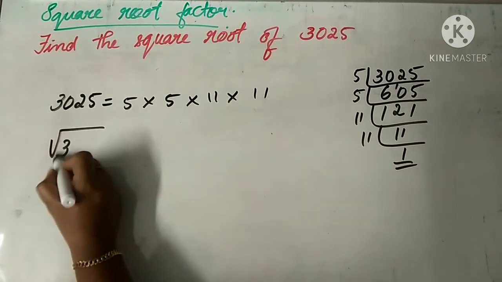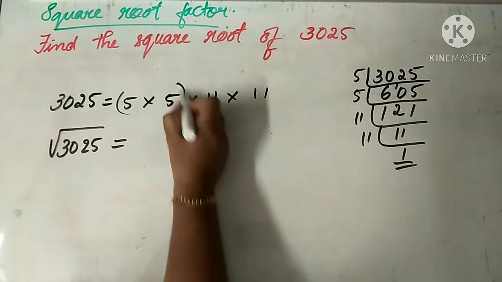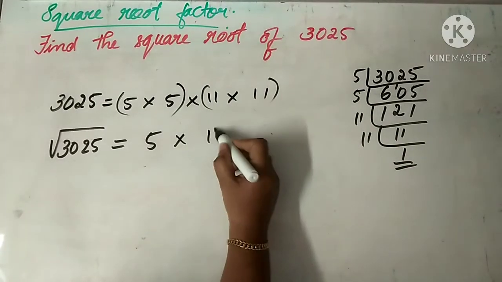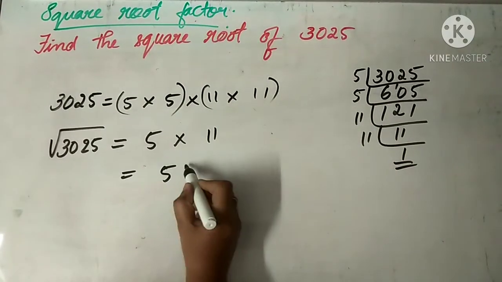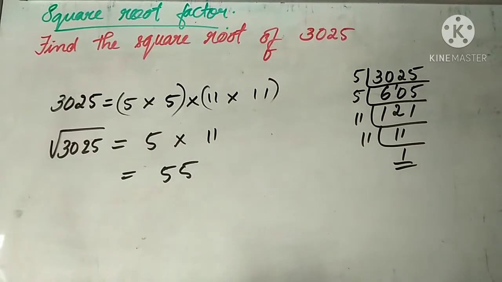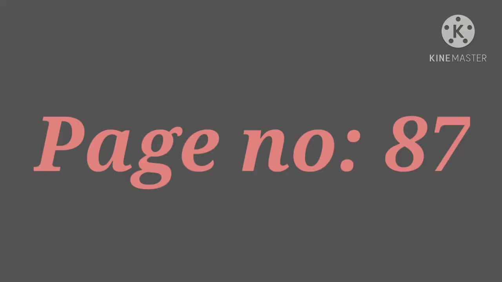So the square root of 3025, we will pair and take 1 each: 5 into 11. 5 11s are 55. So 55 is the square root of 3025. Now let's do some questions on page number 87.